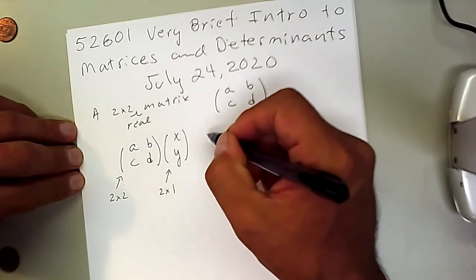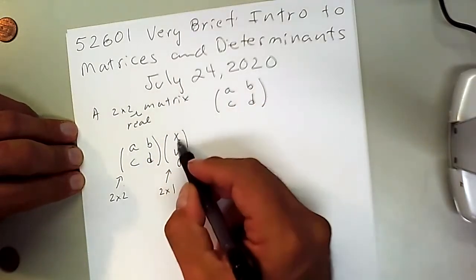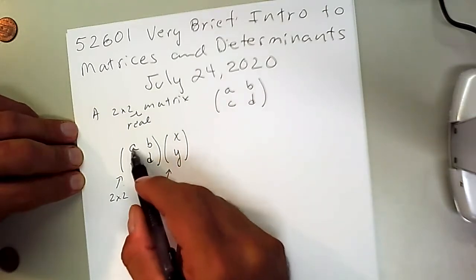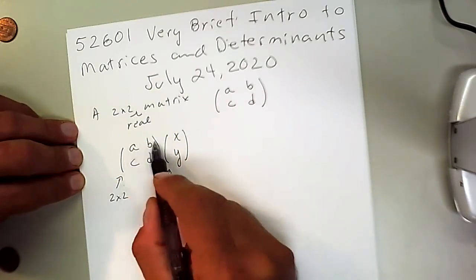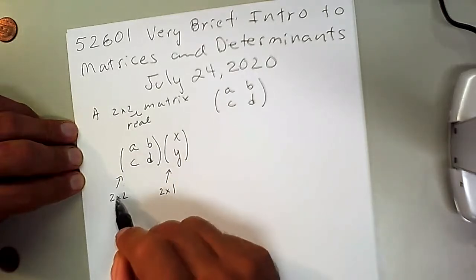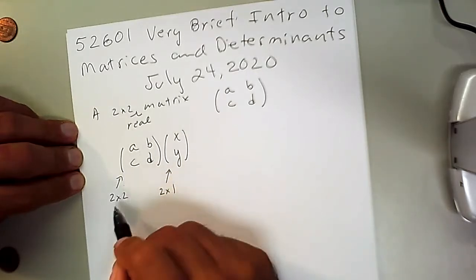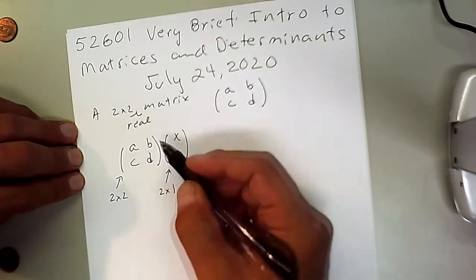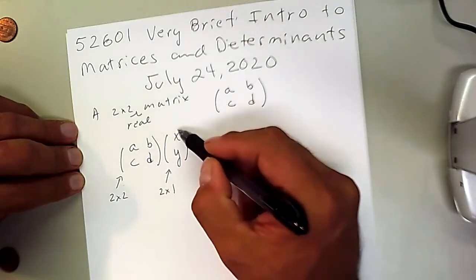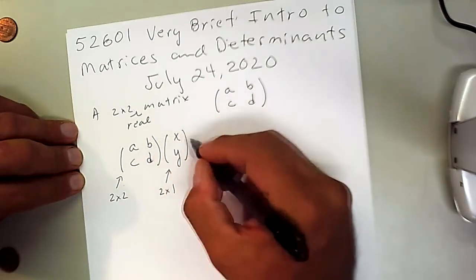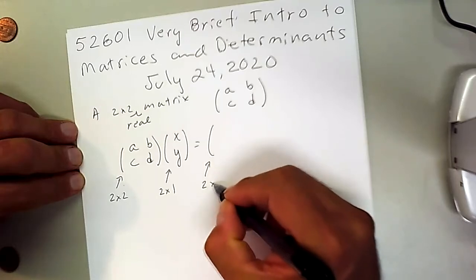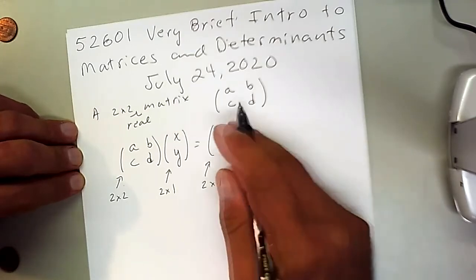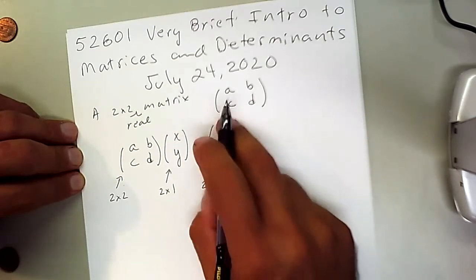And the way we multiply this is the first row. If you think of this as vectors, we have two 2-dimensional vectors, A, B and C, D. Multiplying those 2 matrices produces a new 2 by 1 matrix, so only 2 entries, 1 on top, 1 on the bottom.